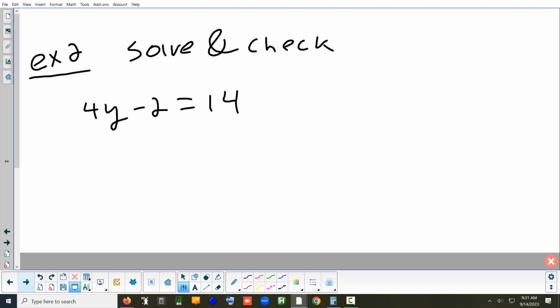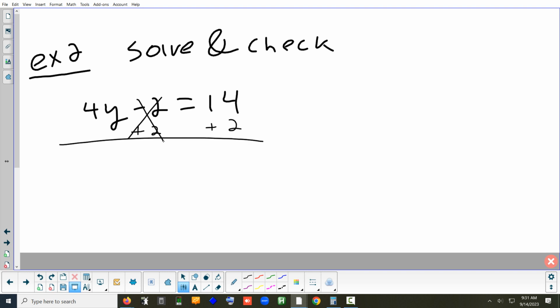What's the next step after simplify? Addition or subtraction. Is there any adding or subtracting we need to do to start to get the y by itself? Yes, so you combine positive 2 to negative 2, that'll make 0, and you add 2 to 14. Yes, perfect. We're going to add the 2 on both sides.